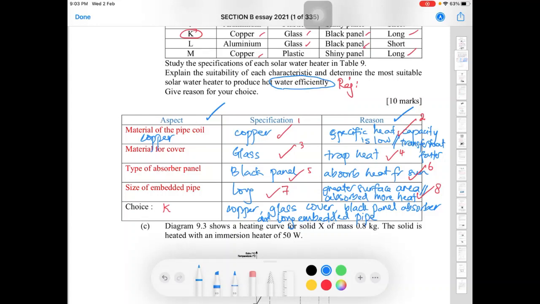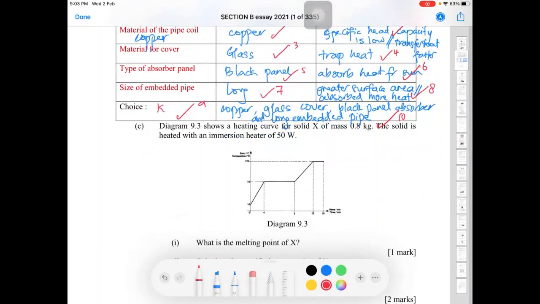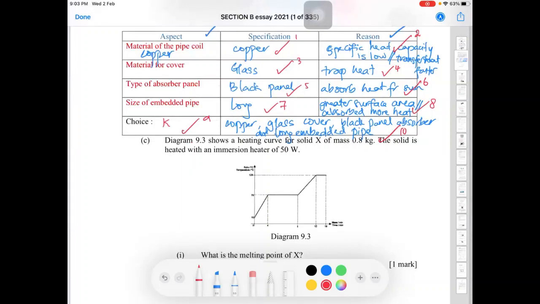Okay, so you akan dapat markah ke-9 di sini, markah ke-10 di sini. Okay, so complete lah 10 marks. So kita pergi ke seterusnya.